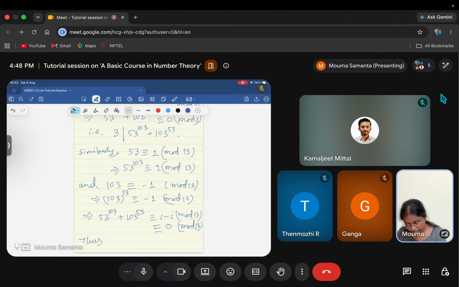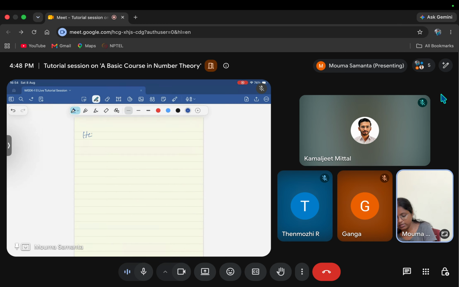Thus 39 divides this, and hence we can conclude.